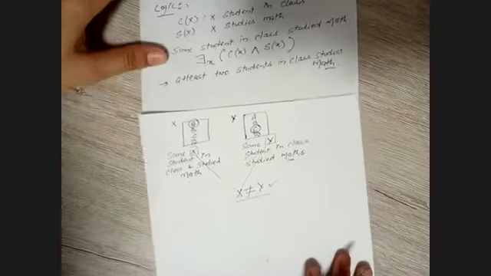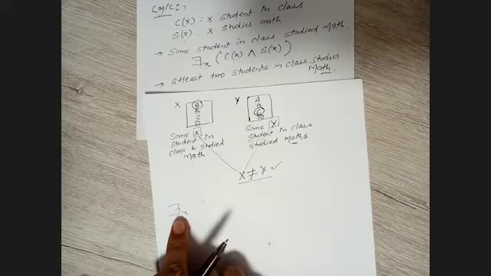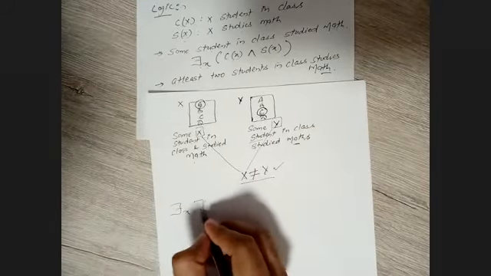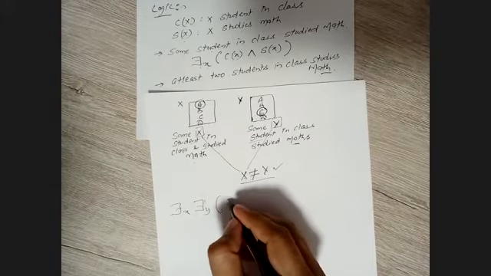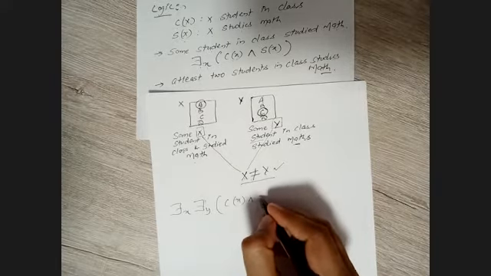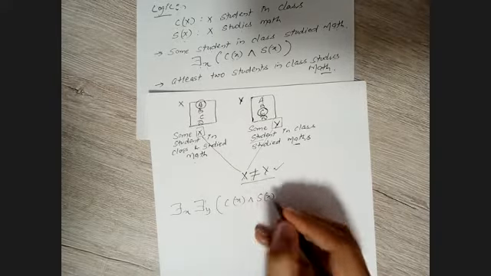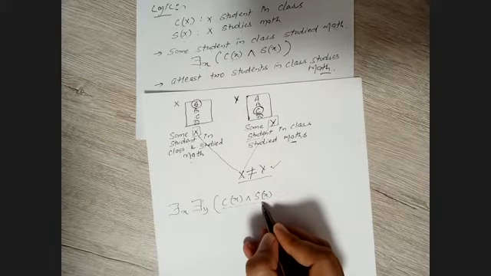How will we write this logically? See, there exists some X, and also there exists some Y, right, such that X is a student and this X student studied maths. Okay, this is one formulation.